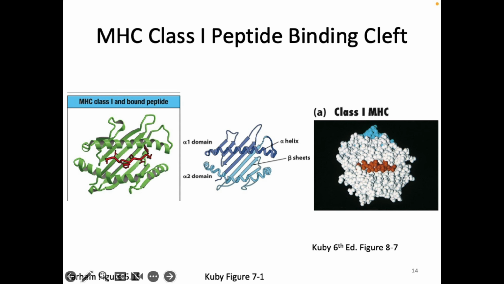There are a couple of key things that I want to tell you about this peptide binding cleft. One of them is actually shown here, even though you didn't know it was shown here, because you haven't seen class 2 yet, so you don't know the comparison.